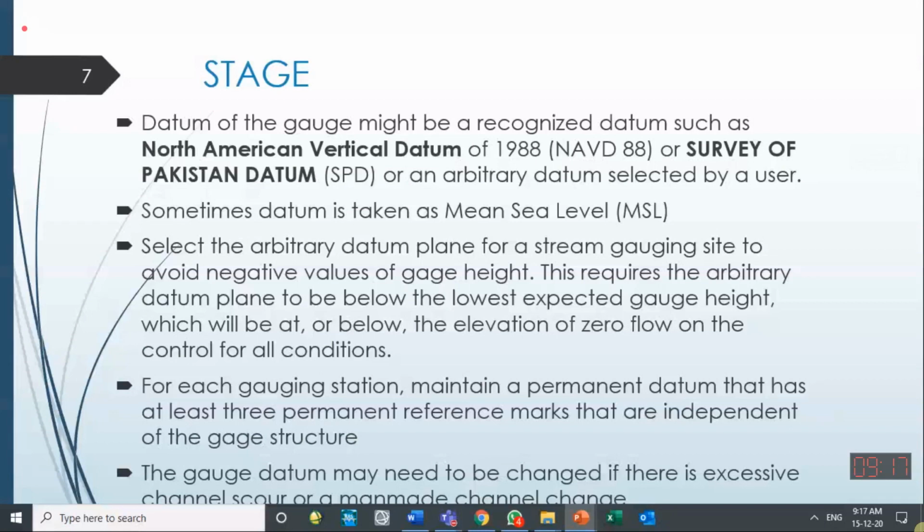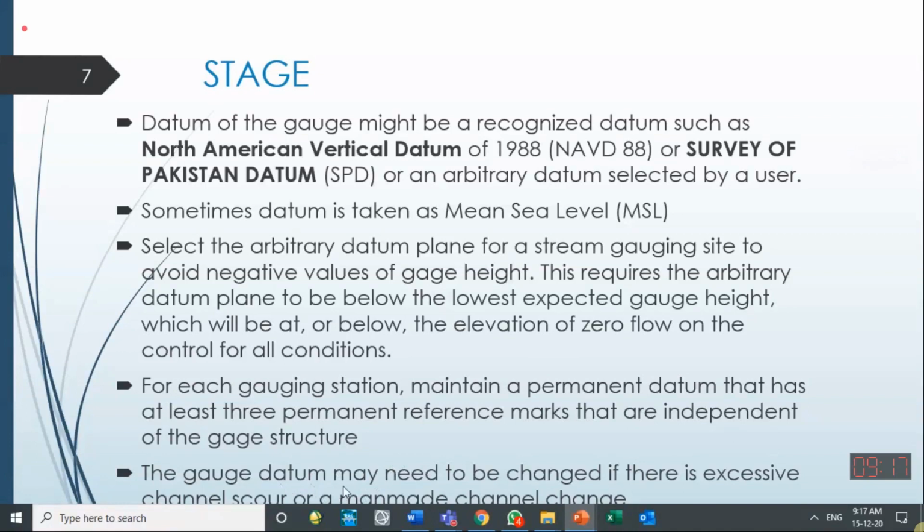So you should have at least three permanent reference marks, so that if you want to recheck the staff itself, you should be able to do it. Or if the staff has been moved from its place, you should reset it again using those reference marks.